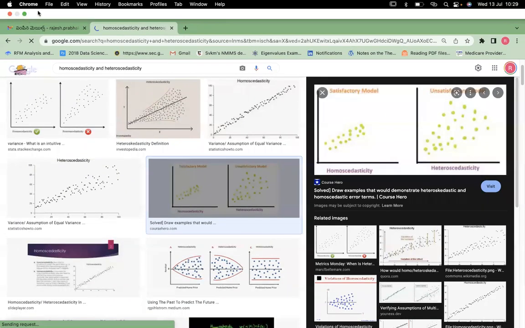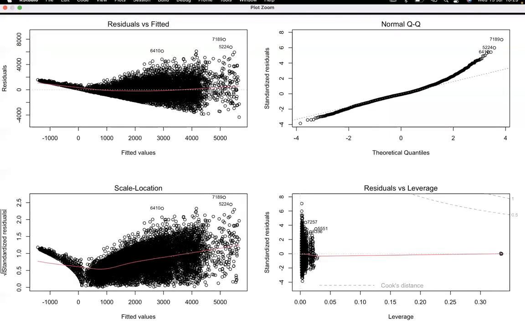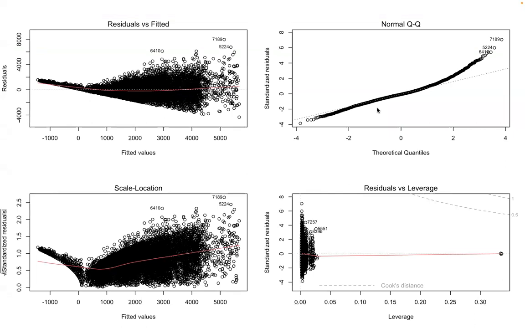Now, what do you see in our data? In our data, we see a flower bouquet pattern, which indicates heteroscedasticity. And in the normal Q-Q plot, most of the observations should be on the dotted line.